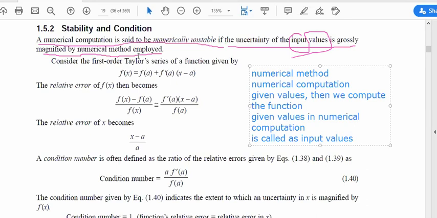Whatever we intend, we are not going to get; rather we get another result. So the purpose of the study of this topic is how to make the computations stable.